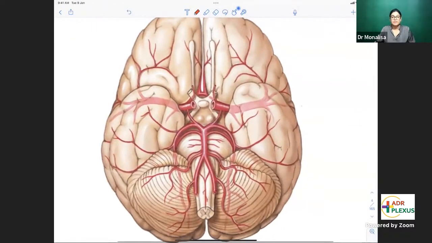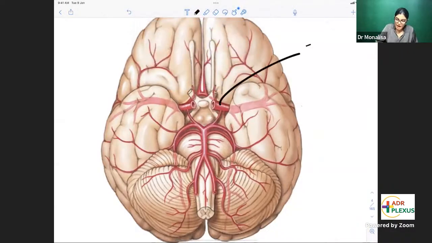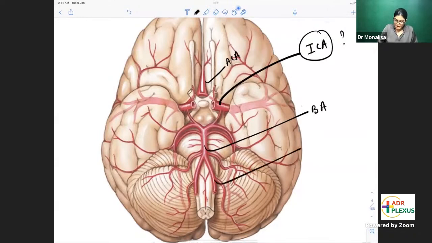This is another diagram, a schematic diagram, so that you can better understand. This was the artery asked in the MCQ, the ICA, internal carotid artery. These are the ACA, this is the basilar artery, and these are the vertebral arteries of both sides. One branch going towards the cerebellum is the PICA, posterior inferior cerebellar artery.